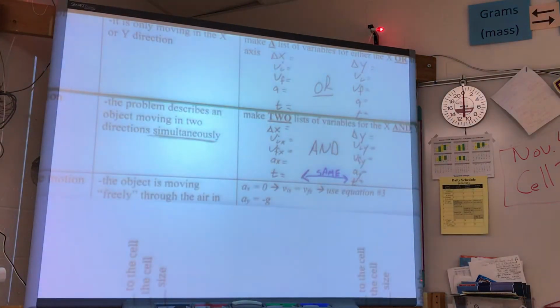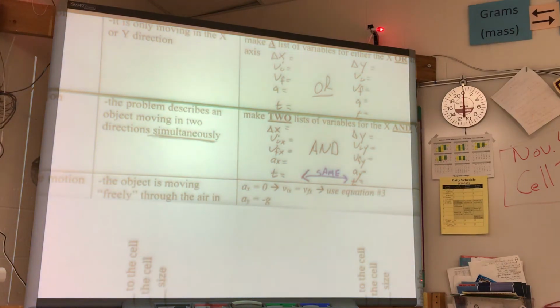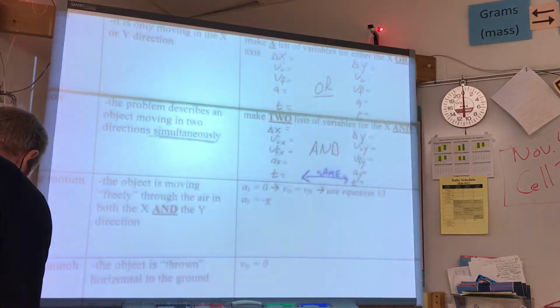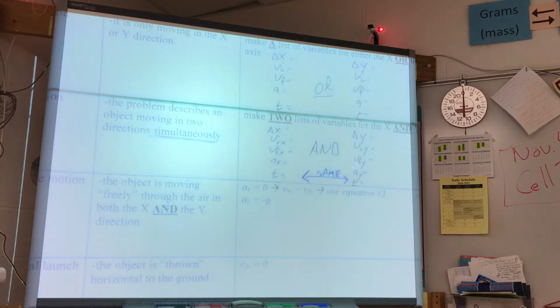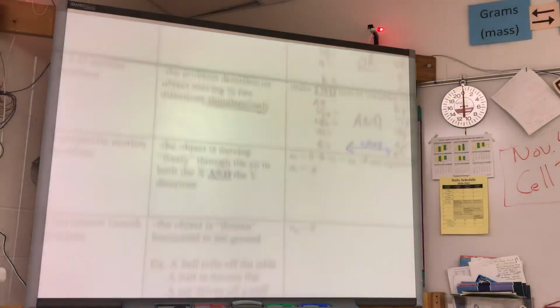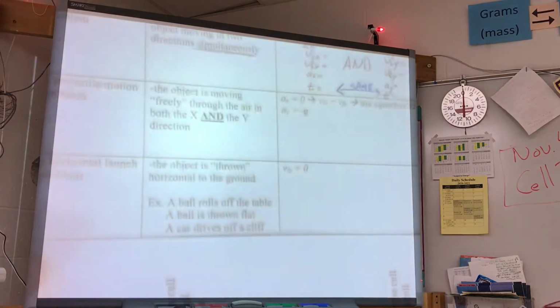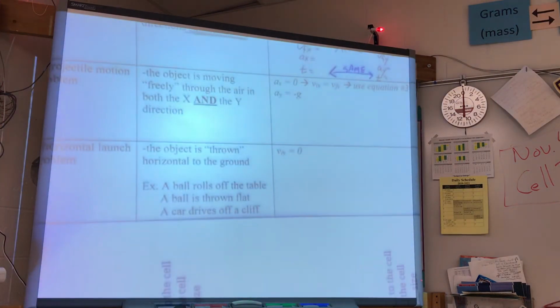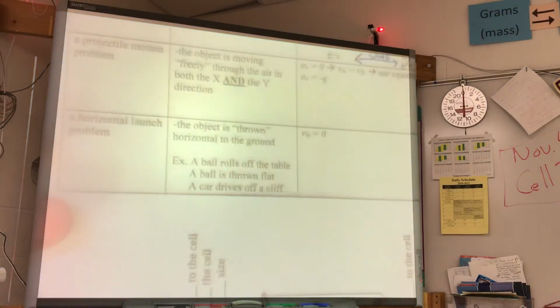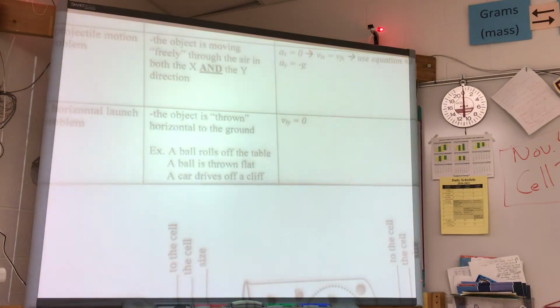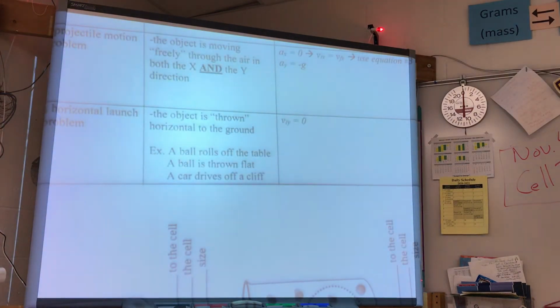Now there's 2 types. I'm sorry, that's a type of 2D motion. There are 2 types of projectile motion. There is something called a horizontal launch problem. In a horizontal launch problem, the object is thrown horizontal to the ground.